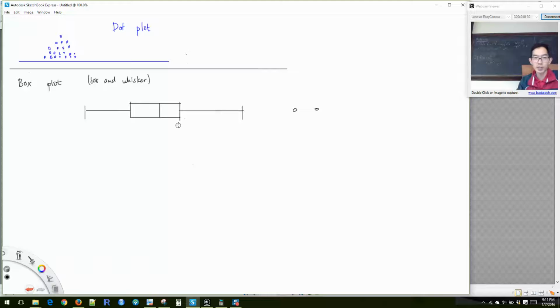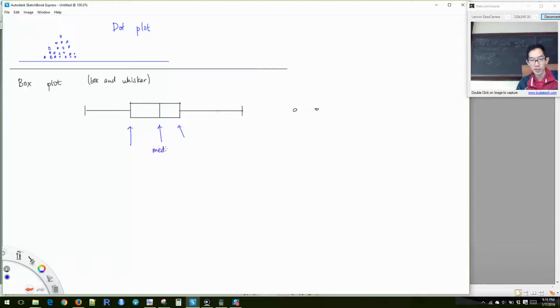A box plot looks something like this. You have a box, and then you have two bars proceeding from the box. The box is defined by three spots.